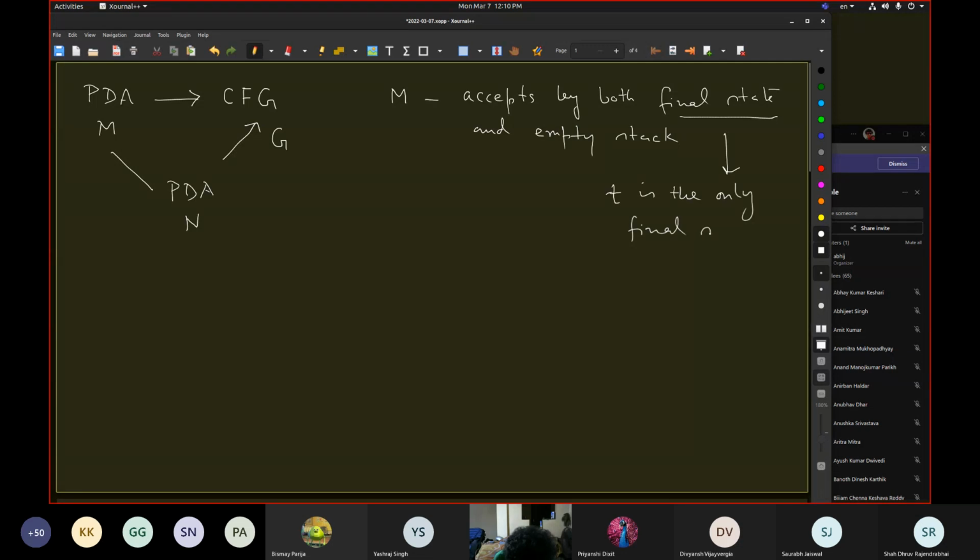In fact, we have made a construction where we can convert any PDA to a PDA of this form, which accepts by final state and empty stack, and there is only one final state.